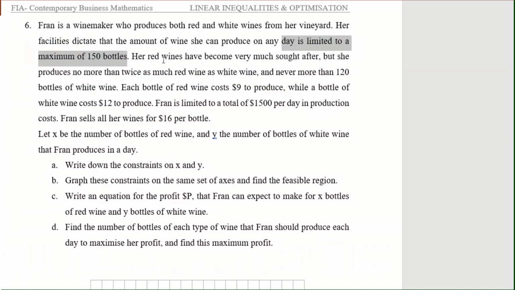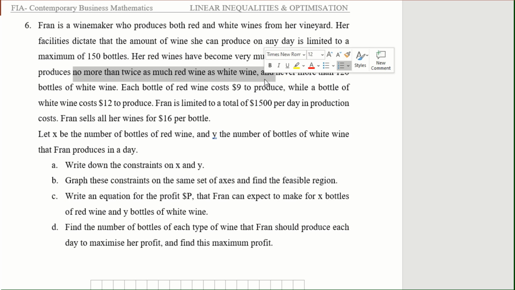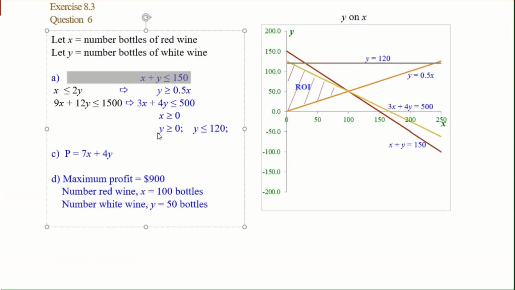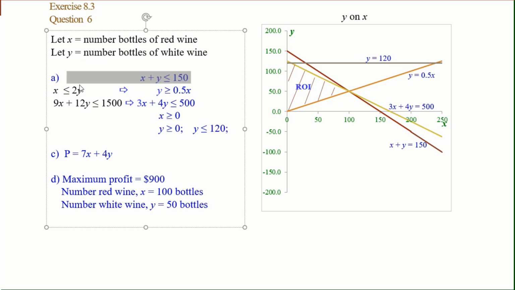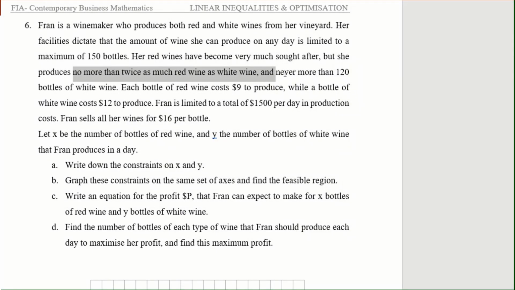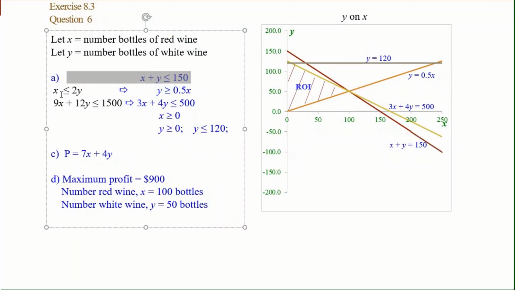Her red wines have become very sought after, but she produces no more than twice as much red as white. Follow the method I taught you. What is said first? To the left. What is said second? To the right. How many times to the right? So you have x and 2y. How to see which inequality? Okay, no more than. That tells you x should be lesser or equal to 2y.